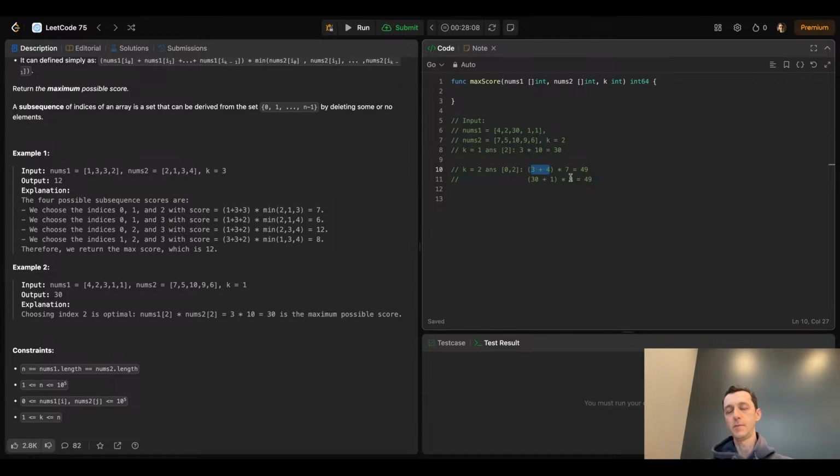Some multipliers might be big, but they might have a very small respective number in the nums 1, like this 9 has. And that kind of confuses us. Okay, what's the timing? It's 32 minutes. We're looking for the logic.